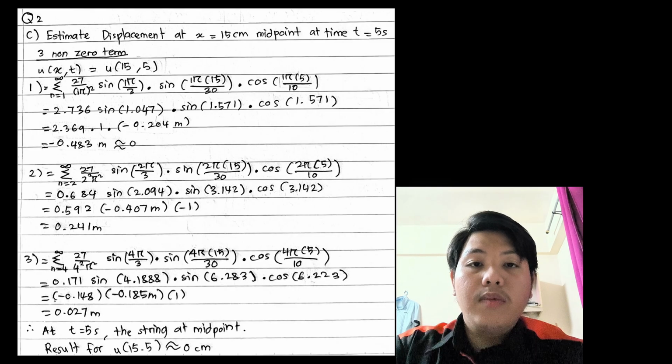For part C, we estimate u(15,5) using the first three non-zero terms by substituting x = 15 and t = 5.